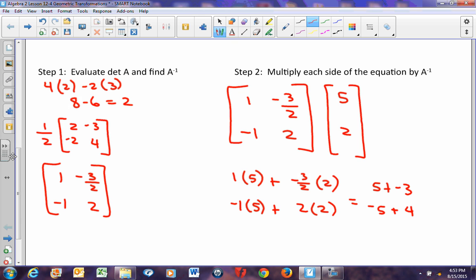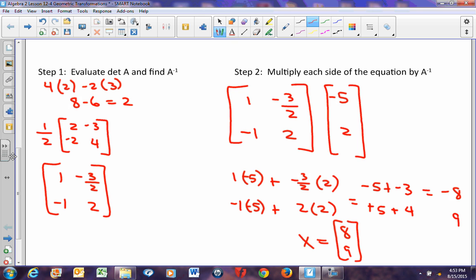Whoops, negative 5. That messes up everything. This should be negative 5, this should be positive. So that gives us negative 8 and 9. So our value for X is X equals 8 and 9. And there is your solution to your matrix equation.